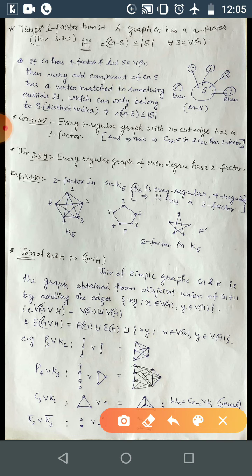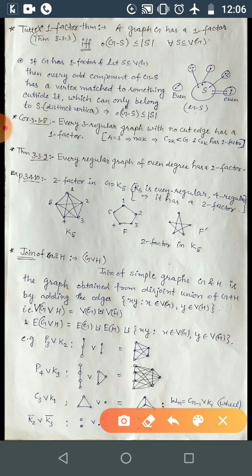So every component has an even cycle as a part of G, and we know an even cycle contains a perfect matching, or you can say there exists a one regular spanning subgraph. You take one edge, skip one edge, take the next, that is, the alternate edges in an even cycle form the perfect matching, or one factor, correct. So that's done.